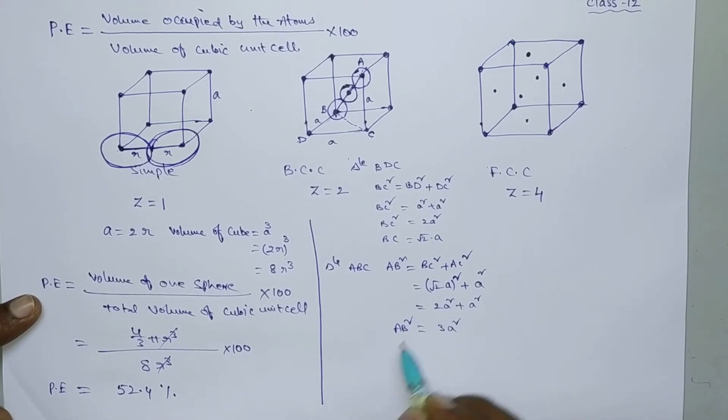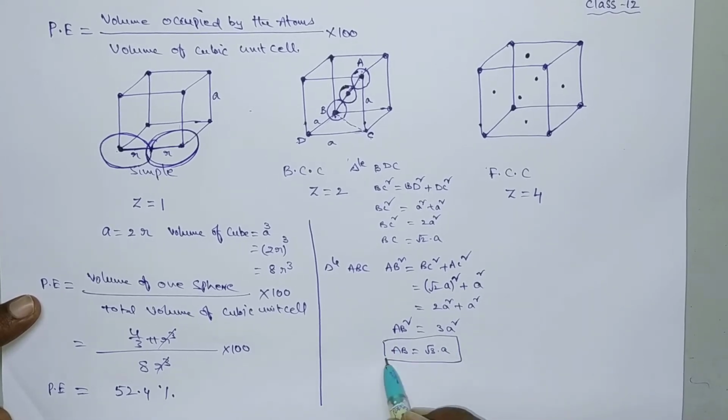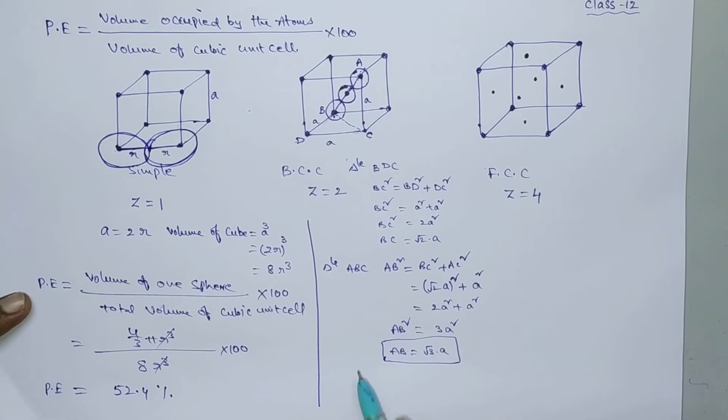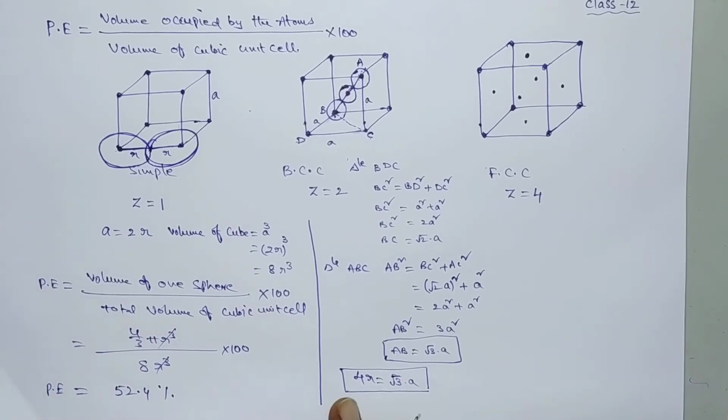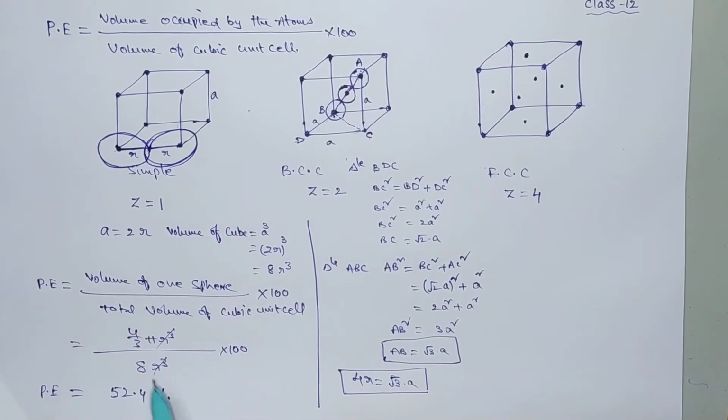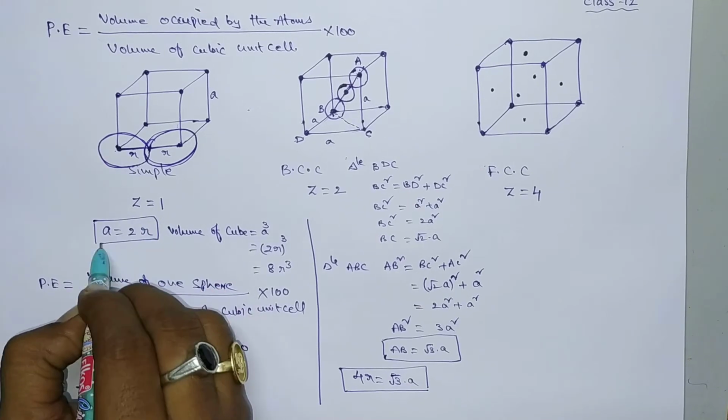AB square equals 3A square, therefore AB is equal to root 3A. This AB is equal to 4r, so 4r is equal to root 3A. So we obtain the radius r in terms of edge length A. Here 4r equals root 3A, but in the case of a simple cube, A is equal to 2r only.